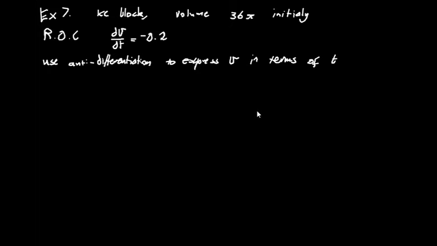So we've got an ice block with initial volume 36 pi. It starts to melt. The rate of change in its volume after t seconds is given by dV/dt equals -0.2. Finding the volume in terms of t by using anti-differentiation.